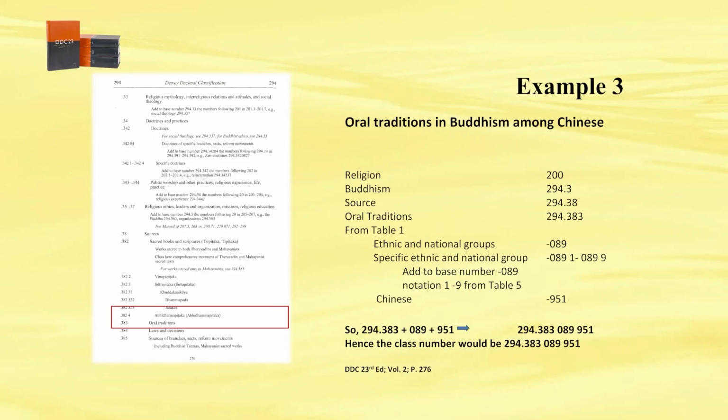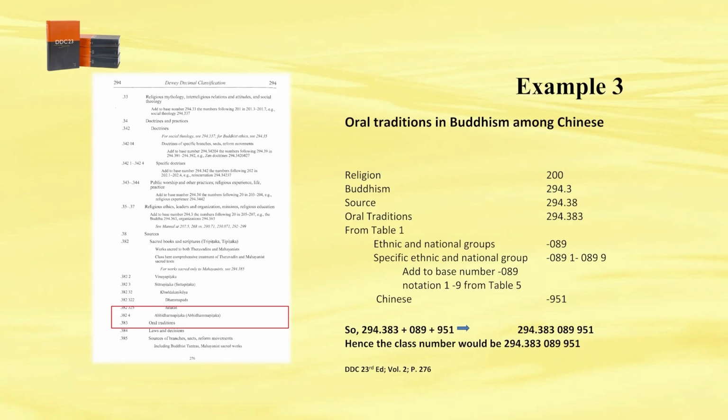In table 1, we will get the number 089, that is ethnic and national groups. Under 0891 to 0899, there is an instruction to add to the base number 089 notation 1 to 9 from table 5, that is dedicated to ethnic and national groups. So in table 5 we will get 951 for Chinese.